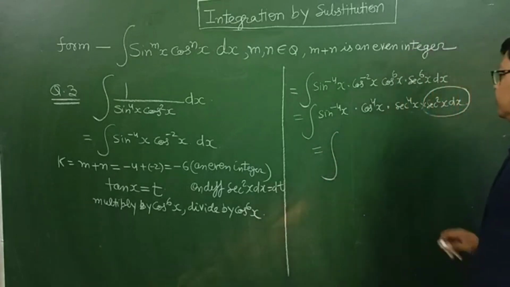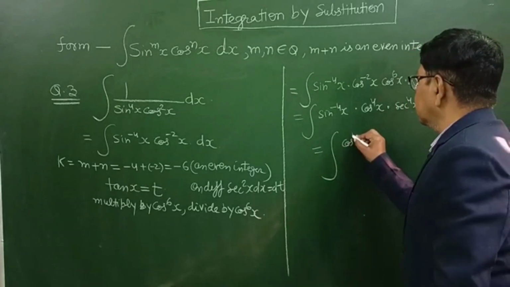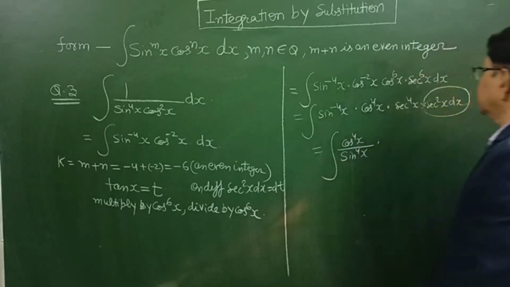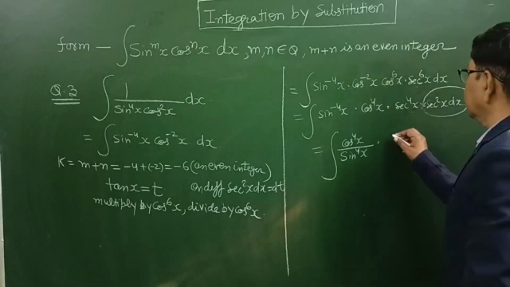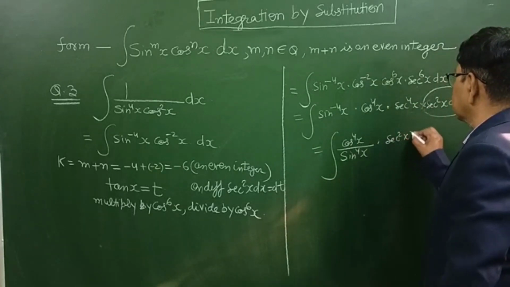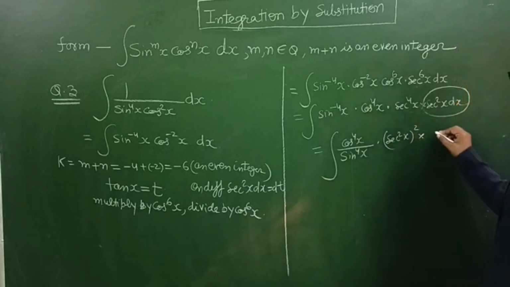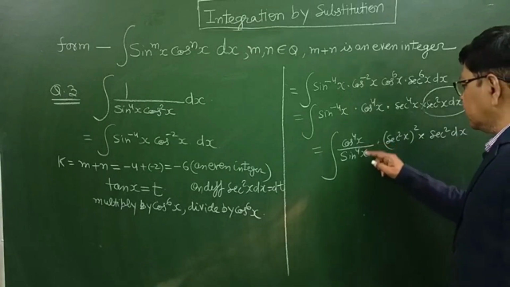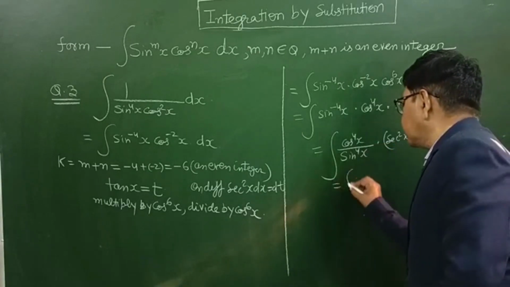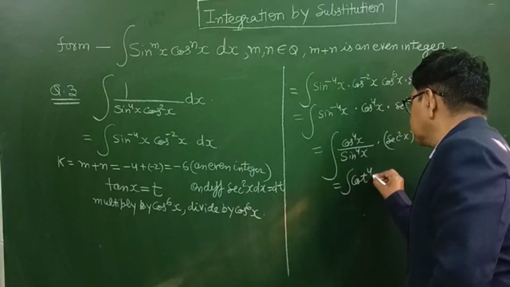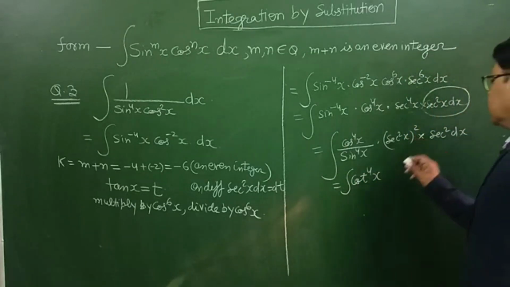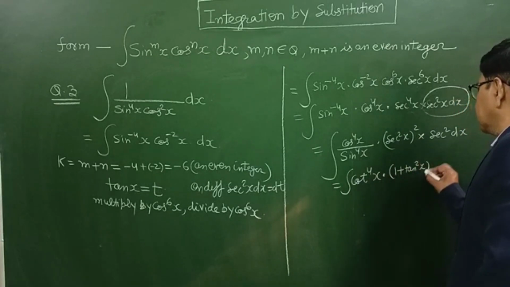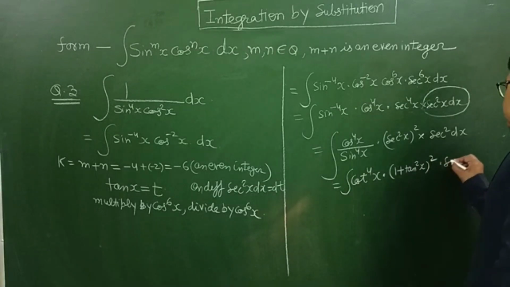This is equal to cos 4x upon sin 4x into sec 4x is equal to sec square x square into sec square x dx. Now this cos 4x upon sin 4x is equal to cot 4x into this sec square x can be written as 1 plus tan square x square into sec square x dx.